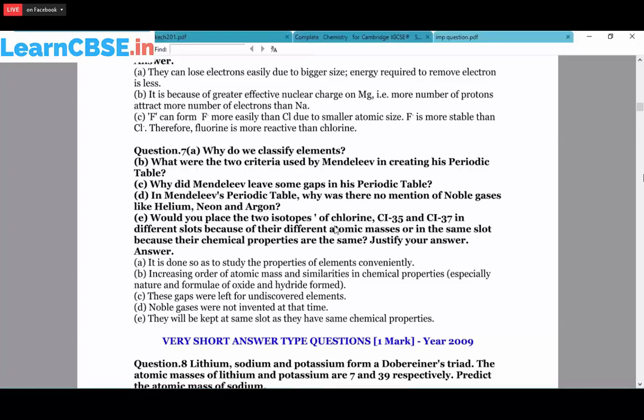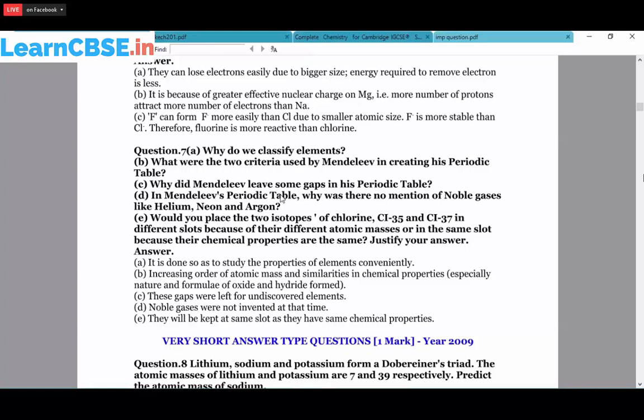Would you place the two isotopes of chlorine, Cl-35 and Cl-37, in different slots because of their different atomic masses, or in the same slot because their chemical properties are the same? Justify your answer. We know that Mendeleev used two things: he classified the elements based on chemical properties and based on atomic mass.